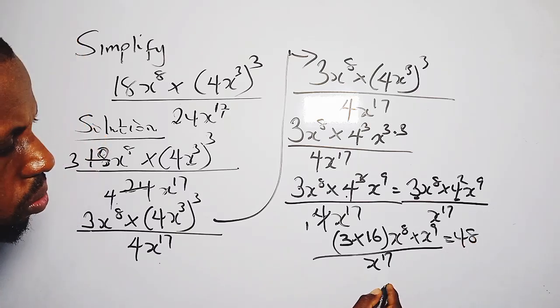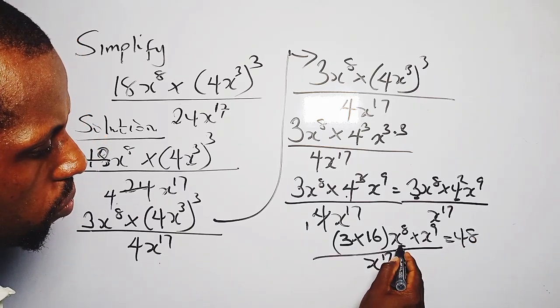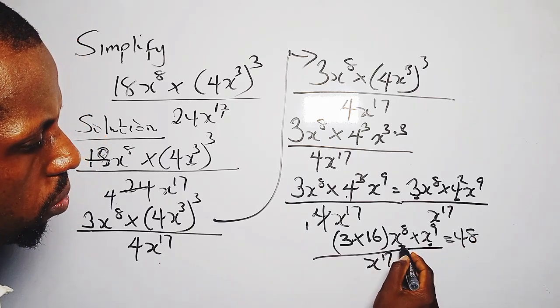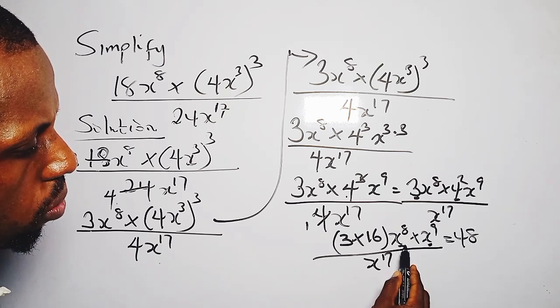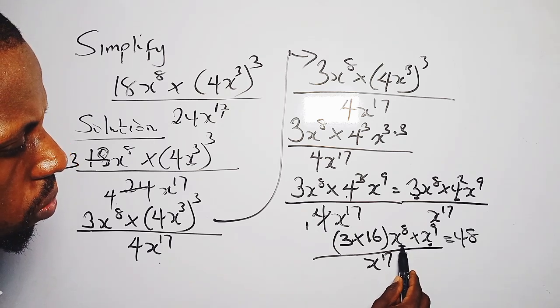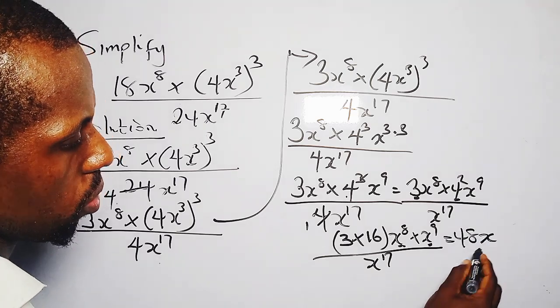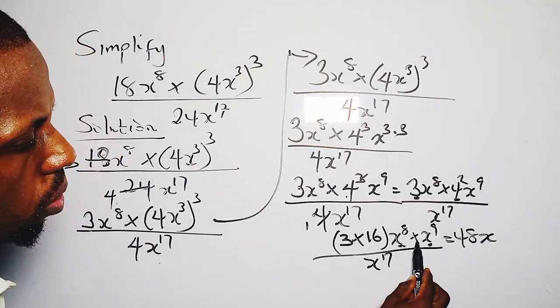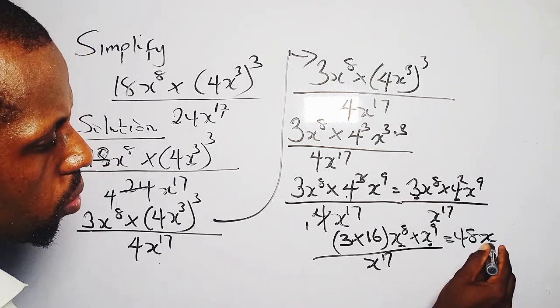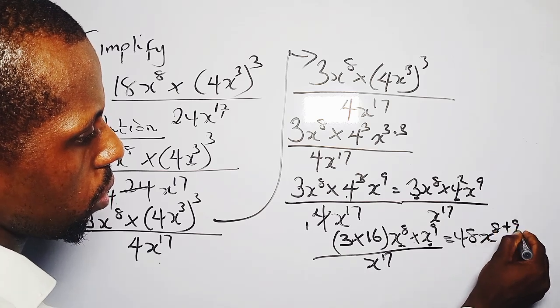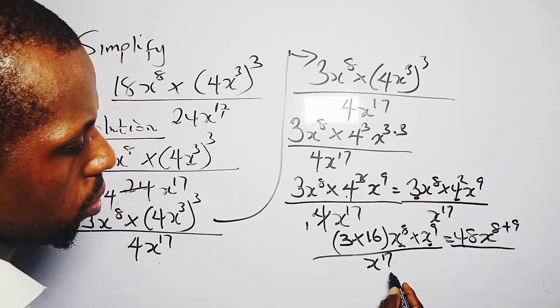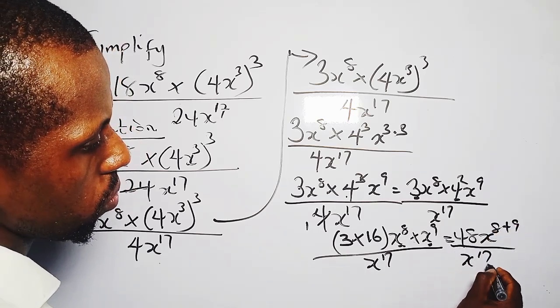When we look at this, we are multiplying the same base. According to the law of indices, when we multiply the same base, we pick out one base and add the powers. So we have 8 plus 9 over x raised to the power 17.